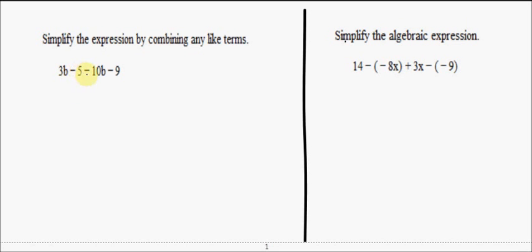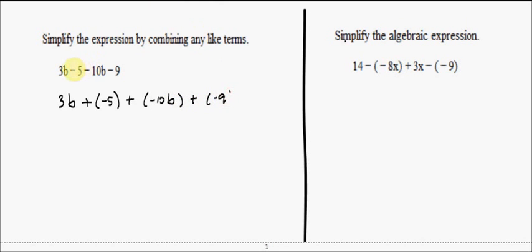And we could change every one of these subtractions to adding the opposite. So we could write this as 3b plus a negative 5 plus a negative 10b and then plus a negative 9.